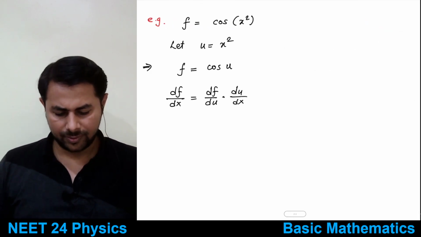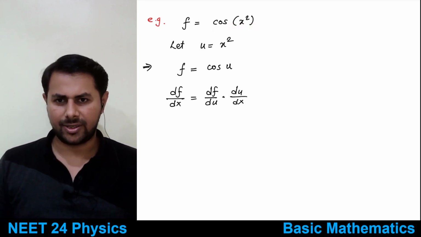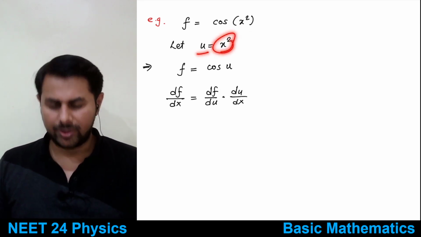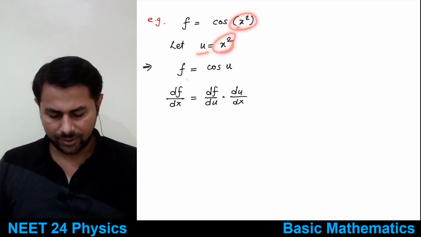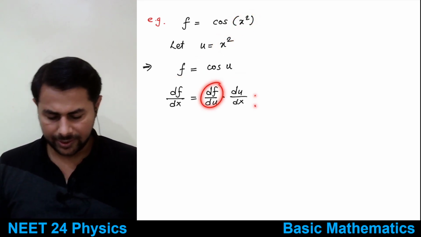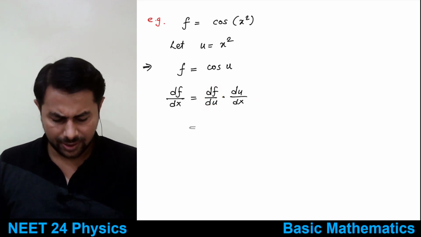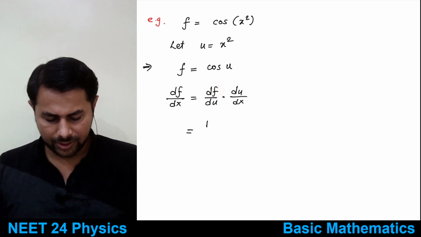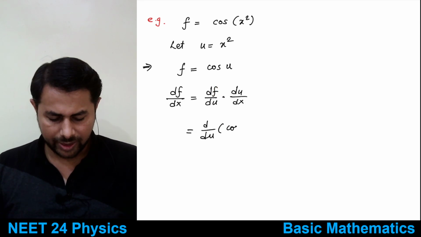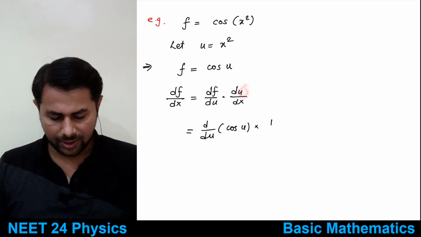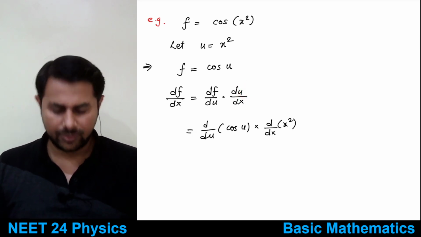Okay, good. Then we can take another example. Derivative of cos of x square. So u is equal to x square here, right? So you can write f is equal to cos of u, then df by dx is df by du into du by dx. This is the formula. So derivative of cos u with respect to u, and then u is equal to x square, so derivative of x square with respect to x.